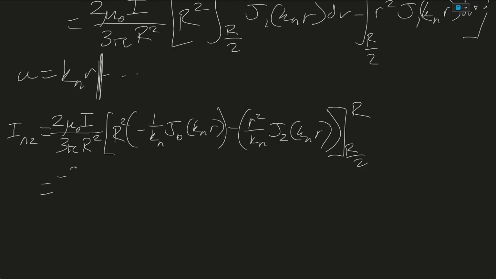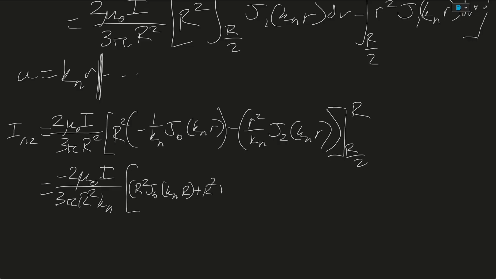Is equal to minus 2 mu naught I over 3 pi r squared k, and this is really quite a mammoth of a thing, so I'm going to write really small. R squared j naught k n minus r squared j.